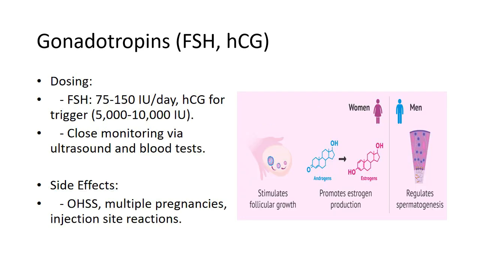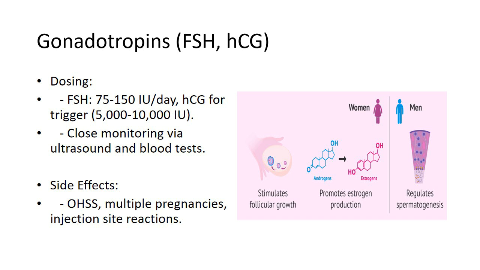Dosing protocols: FSH alone, recombinant FSH, rFSH, such as Gonal-F and Follistim. FSH plus LH combination: human menopausal gonadotropins, HMG, such as Menopur. HCG, human chorionic gonadotropin, is used as a trigger injection for ovulation.